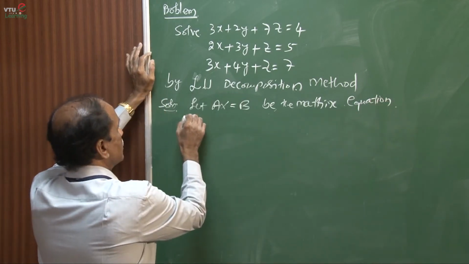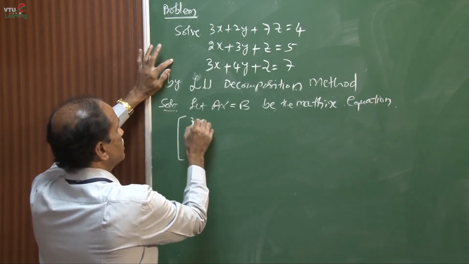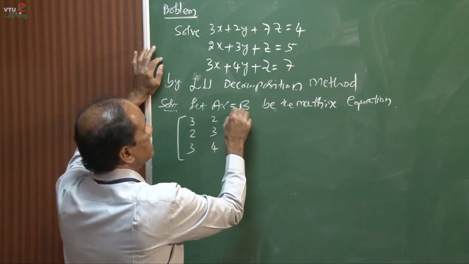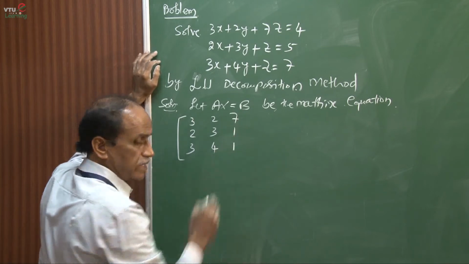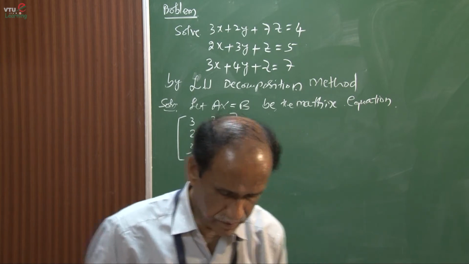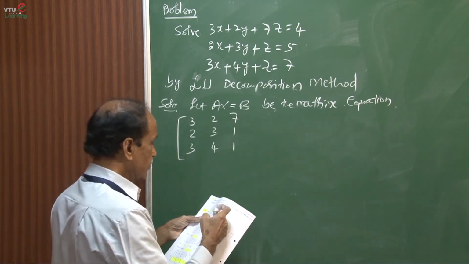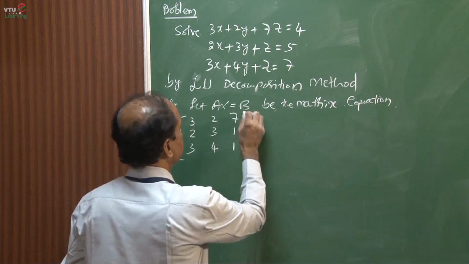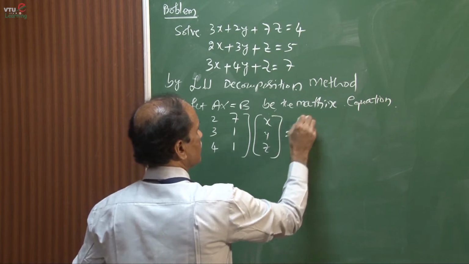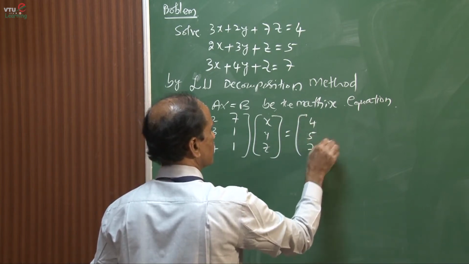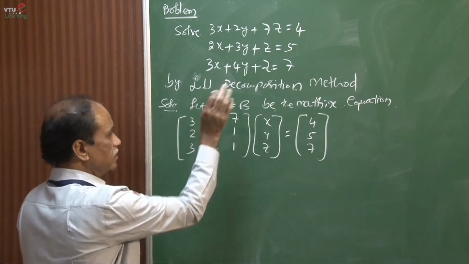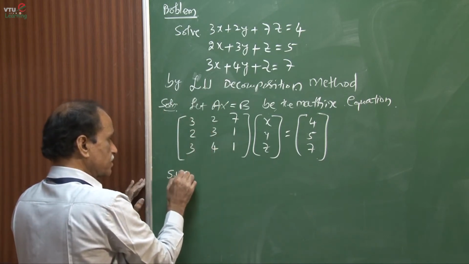Then according to that, matrix form will be 3, 2, 7, 2, 3, 1, 3, 4, 1 and 4, 5, 7. According to LU decomposition method, steps will be like this.